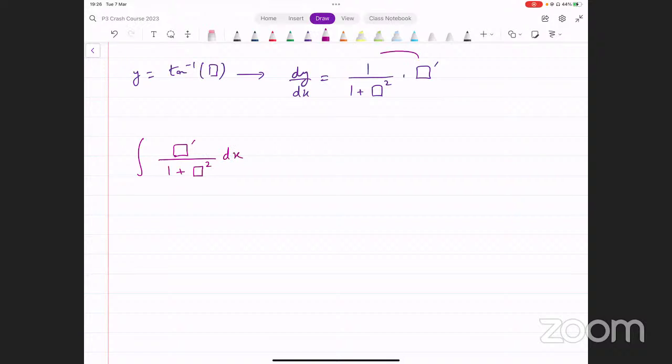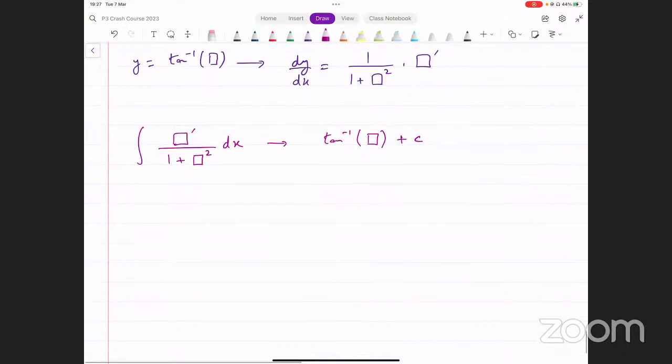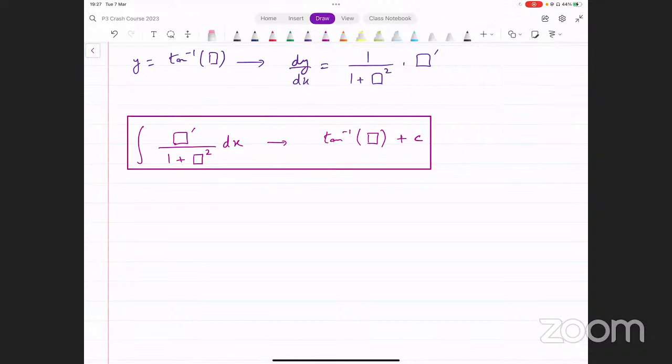If we had to integrate this expression, this would give us tan inverse of this thing, whatever there is in that box, plus c. This is another rule that you could actually use. I'll quickly explain how to use this and why to use this in a moment.